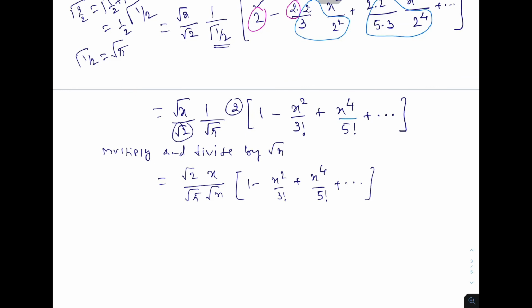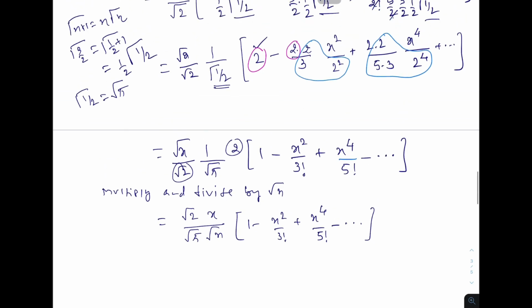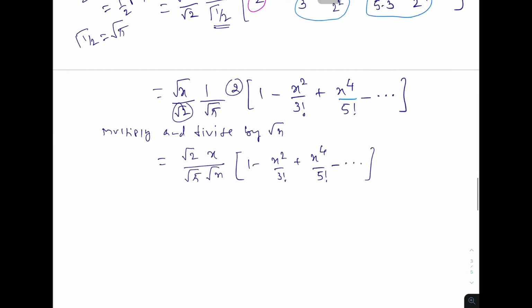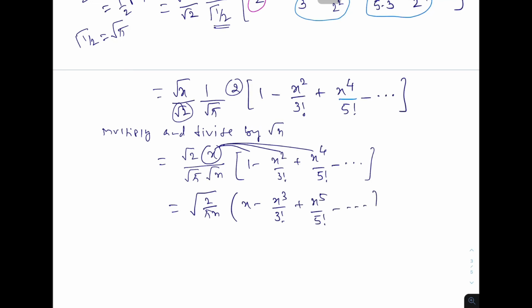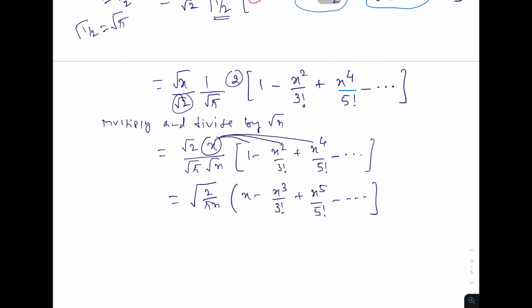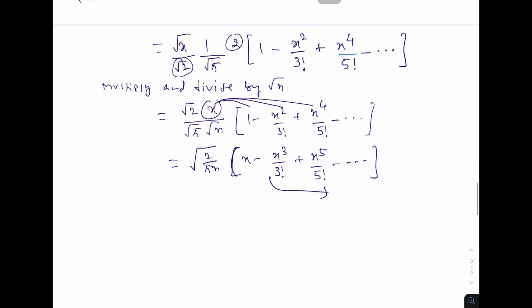Plus minus plus minus. Now let us multiply x here, so this is root 2 over pi x, and if I multiply x, this will be x minus x cube by 3 factorial plus x power 5 by 5 factorial, and so on, and this is the standard Maclaurin series of sin x.